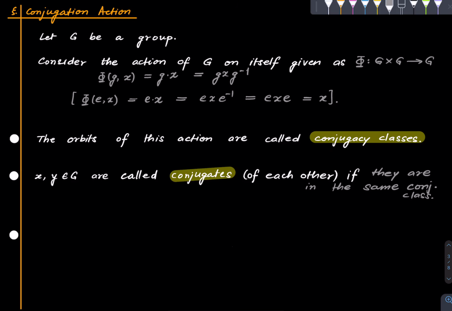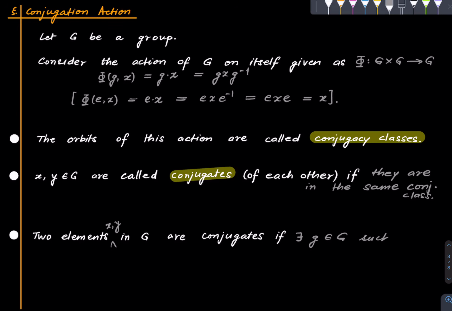So that's our definition of conjugates. You pick two elements in the group, you call them conjugates if they have the same orbit under the conjugation action. And just decoding the definition of an orbit and conjugation action, we see that two elements, x and y, in the group G are conjugates if there exists some group element g such that g x g inverse is equal to y.